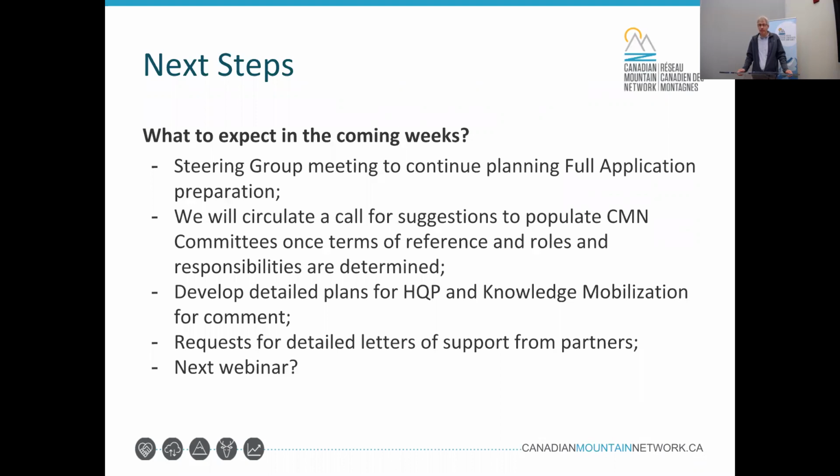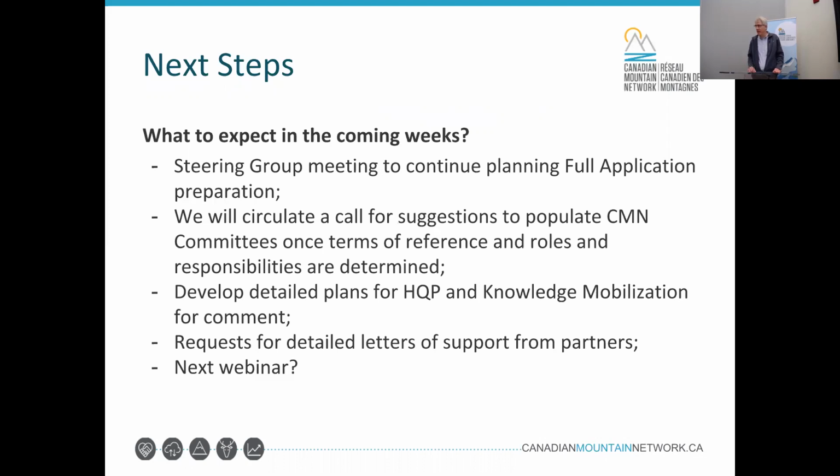One final one online. Will there be any requirements for depositing research data into a data repository, openly or not? Yes, there was a data committee during the LOI stage. There's a data policy, but it hasn't been formally aligned with or approved by the CMN.